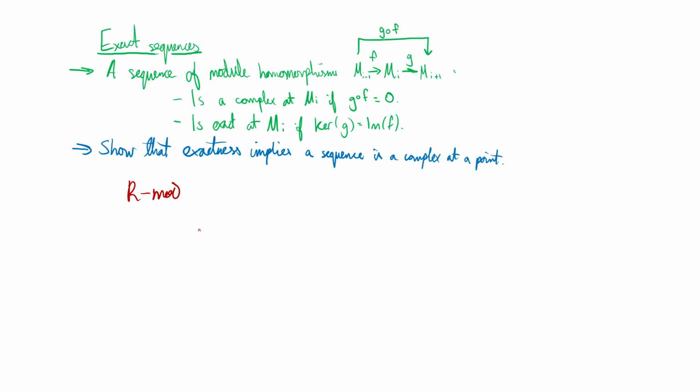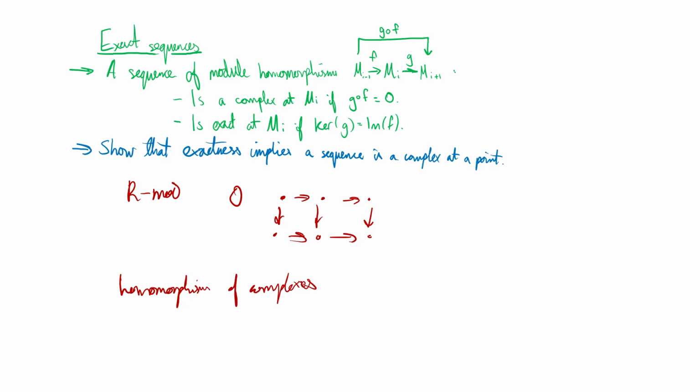In fact, you can have categories of complexes where you have a bunch of dots and a bunch of arrows, and a homomorphism of complexes is this collection of arrows which makes these diagonal triangles commute.